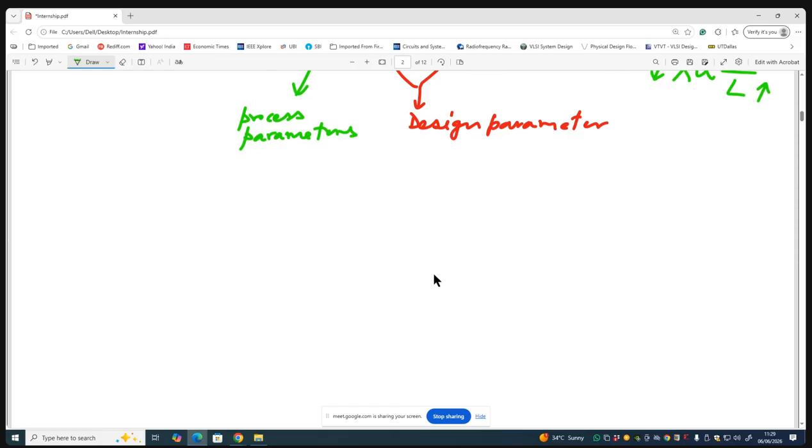So let me rewrite this equation with certain approximation.